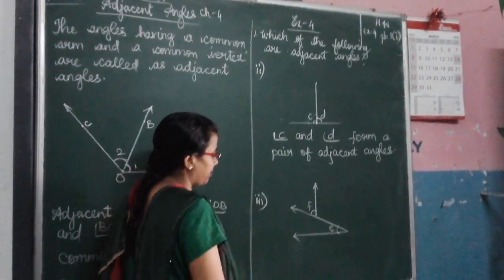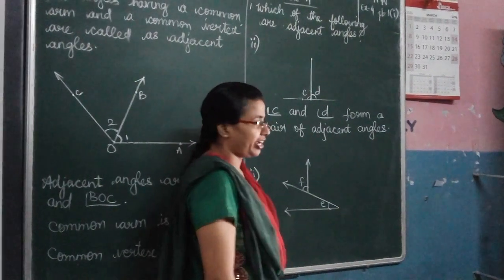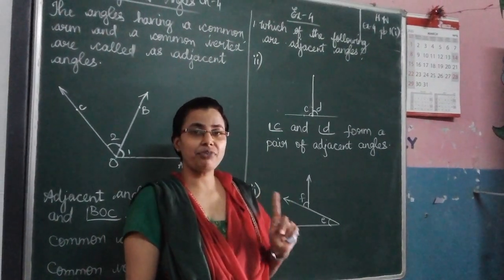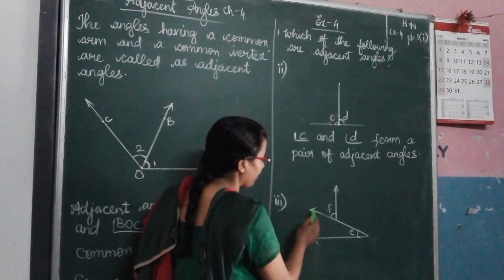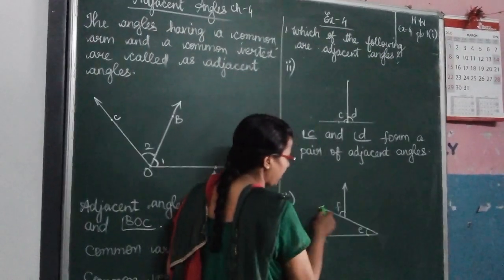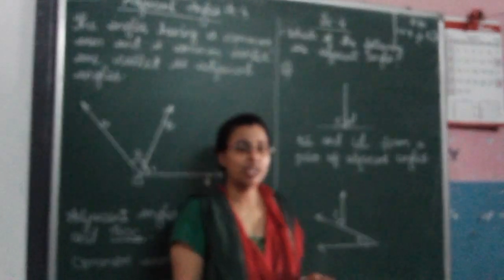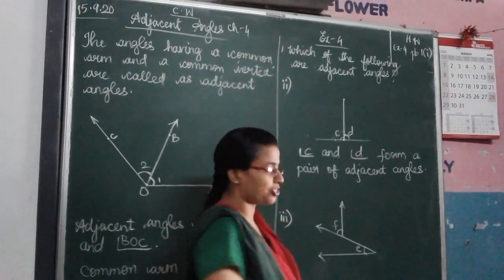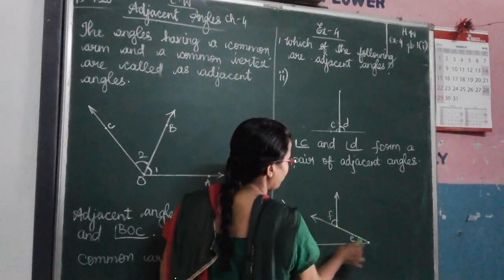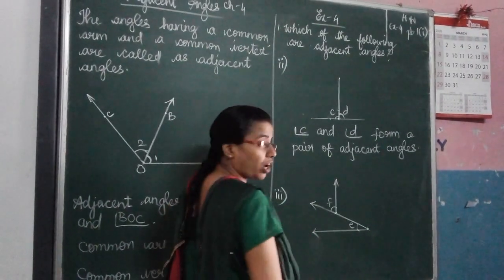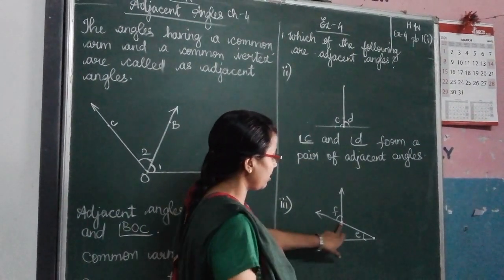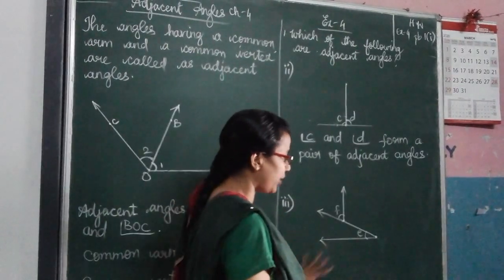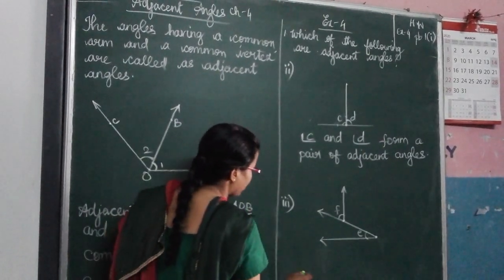Now the third bit. Let us check the two conditions. What is the first condition? Common arm. Do they have a common arm? Yes, they do. Do they have a common vertex? No, they have two separate vertices. So here they do not form adjacent angles.